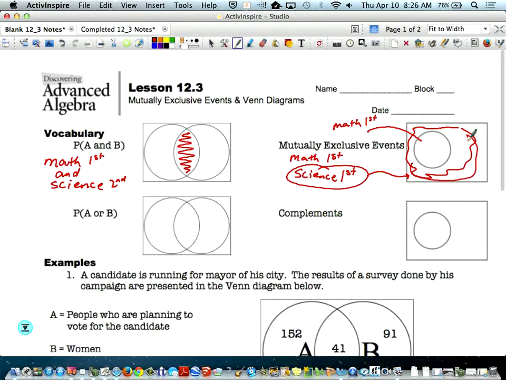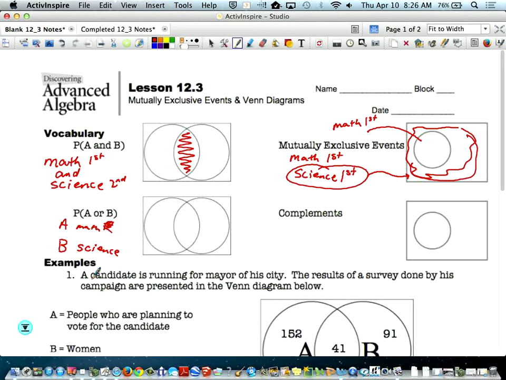So again, let's go back to this very first situation. A is math, first hour, or let's just say math during the day. And B is science during the day. Some of your friends took science first semester, some took science now, you are taking math now, some of them took math earlier than you.